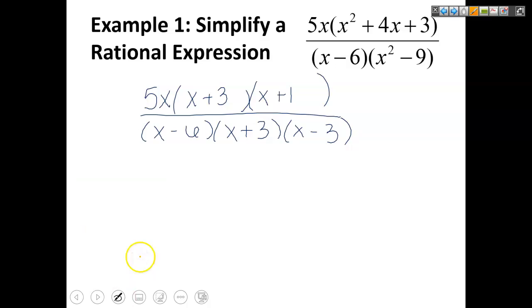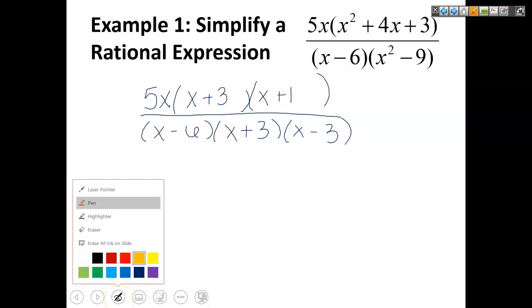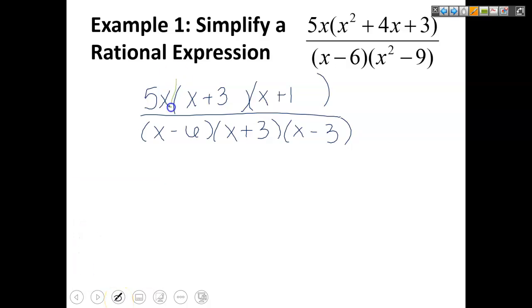In both the numerator and the denominator, I have x plus 3. If you have the same thing on top as you do on the bottom of a fraction, what can you do? Cancel them. X plus 3 gets removed. It is simplified by removal.